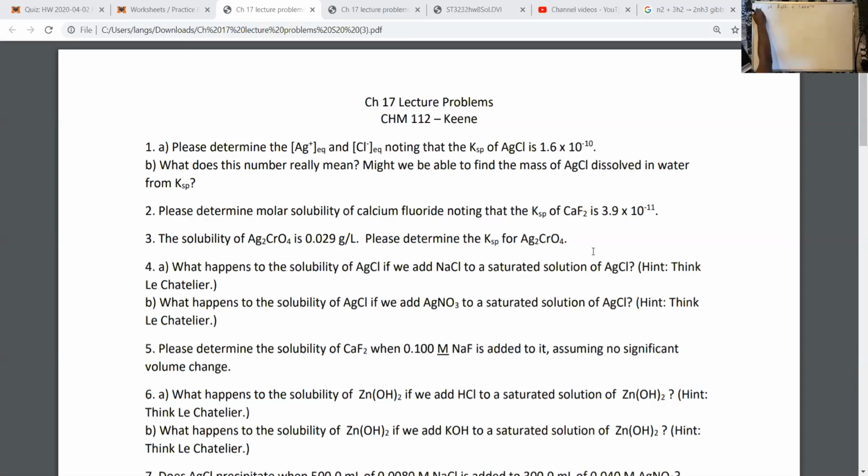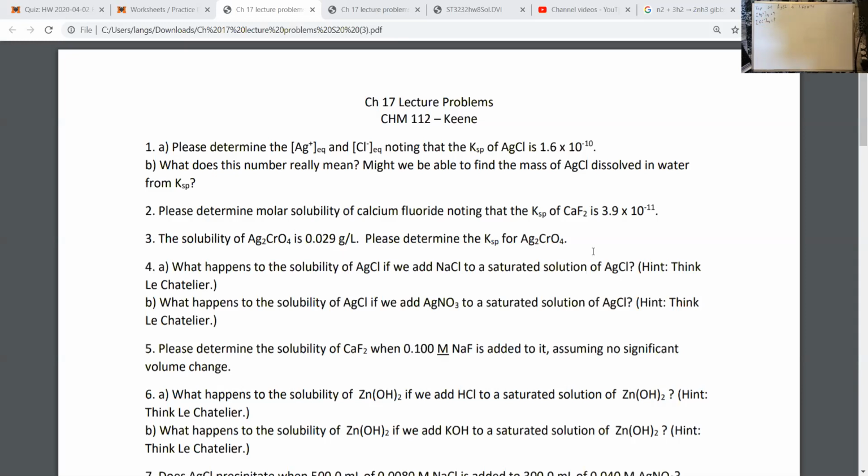And I want to know what the equilibrium concentrations are. Then there's some conceptual stuff. What does the number really mean? Can we find the mass of dissolved solid in water from Ksp?